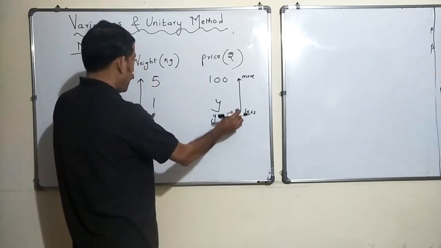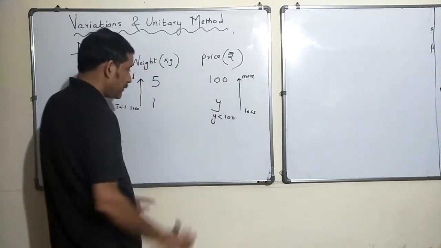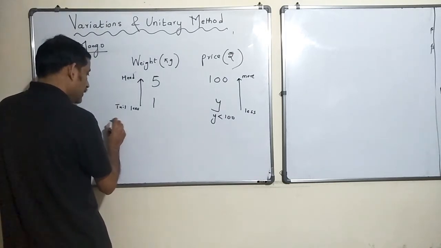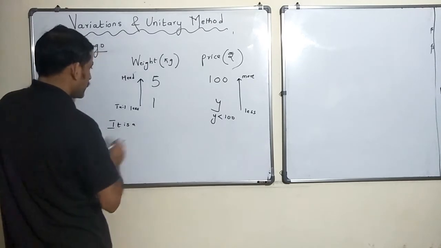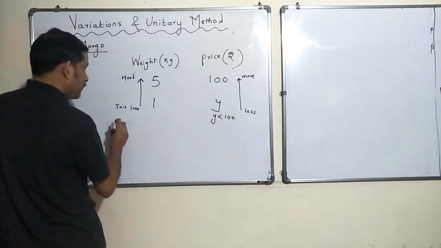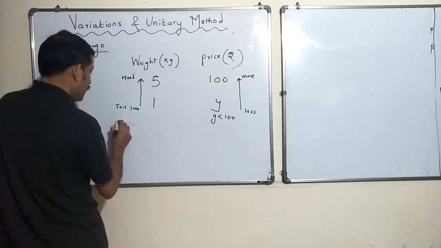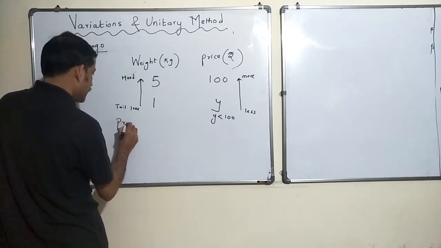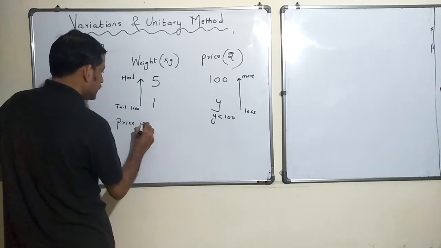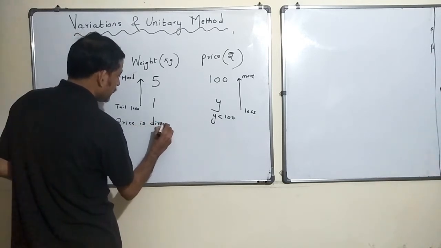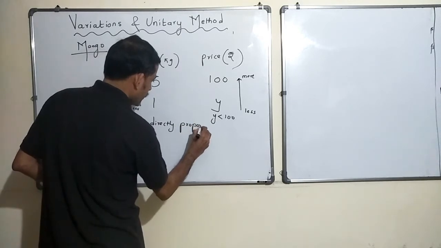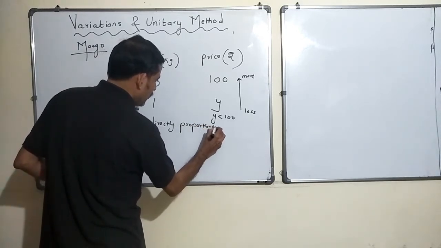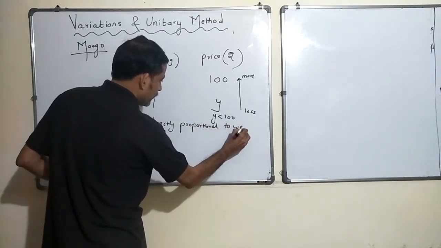Because both the arrows are pointing in the same direction, we say it is a direct variation, or price is directly proportional to weight.